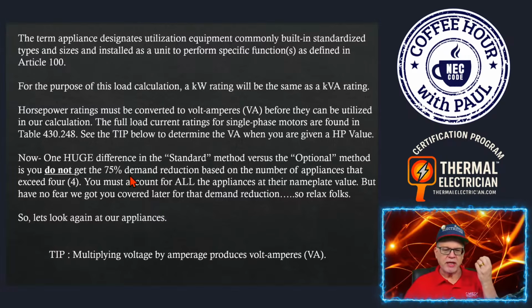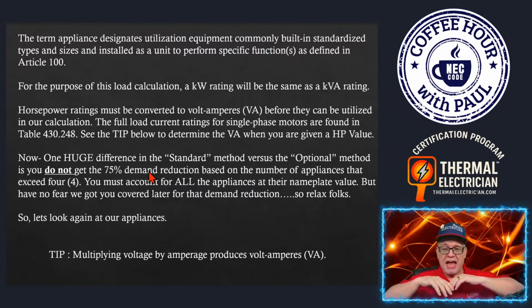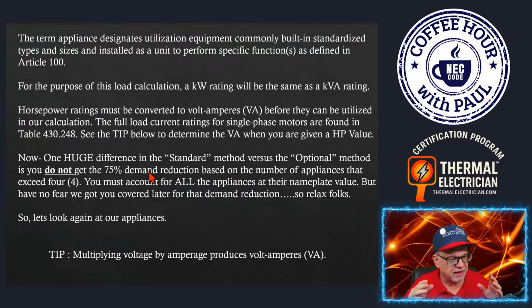All right, now again, one huge difference here is when we're looking at all these appliances in the standard method, if we have 4 or more, we can apply a 75% demand. We're not doing that here. Here, we're just going to add up the nameplate for every one of the appliances.